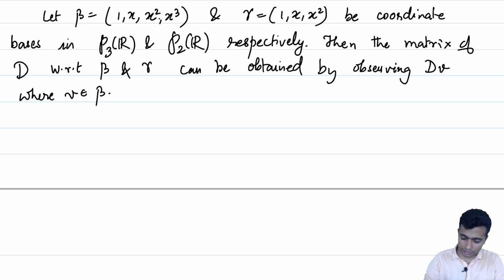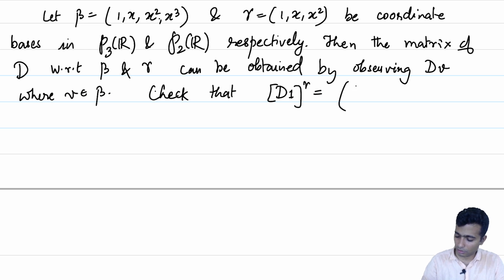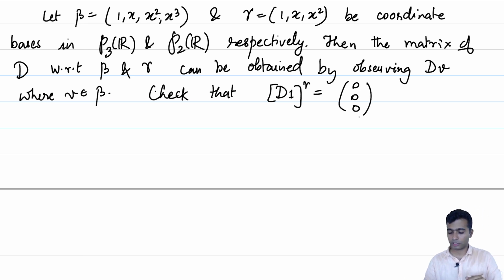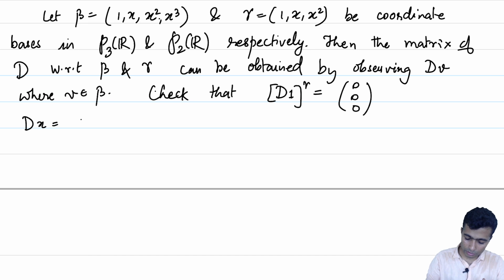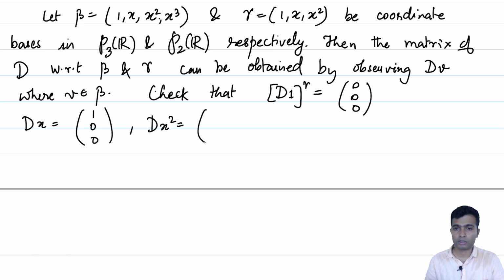So, you can check that D1 with respect to gamma is 0 0 0. The constant is always killed by the differentiation. Dx is equal to 1 0 0. Dx square is equal to the derivative of x square, which is 2x, which is 0 2 0.